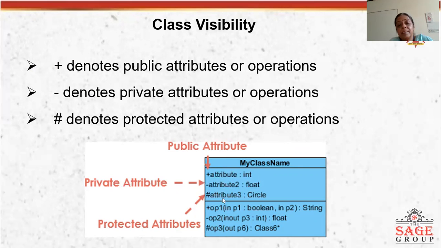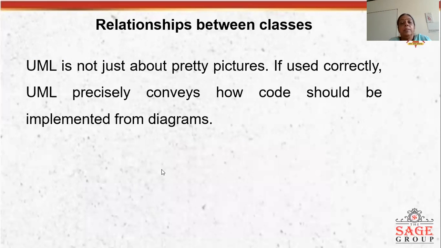And if we put a hash sign, we are making these attributes or operations protected. We have already discussed this accessibility mode: private means you can't access outside the class, public you can access, protected you can't access but you can inherit it.